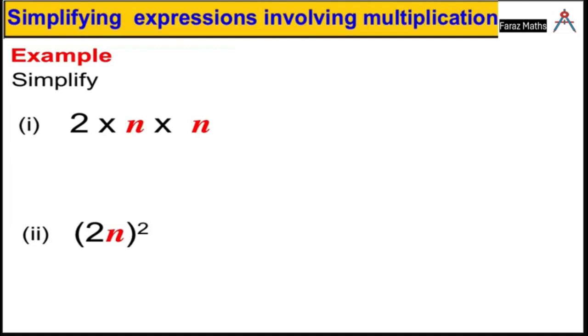Okay, the next one, pause the video and try this question. We have to simplify 2 times n times n, that is 2n squared. This one is 2n in brackets, squared. What does that mean? 2n whole squared means you have to multiply 2n how many times? 2 times.